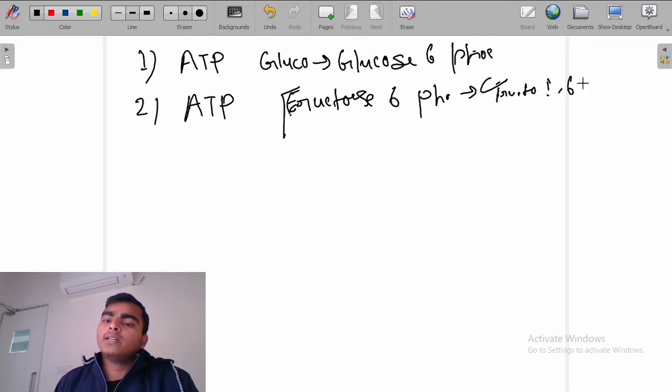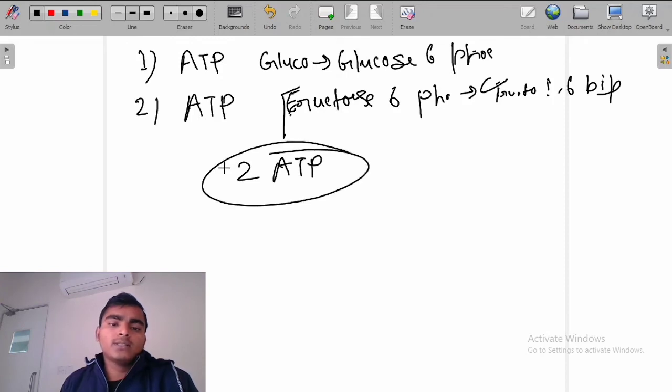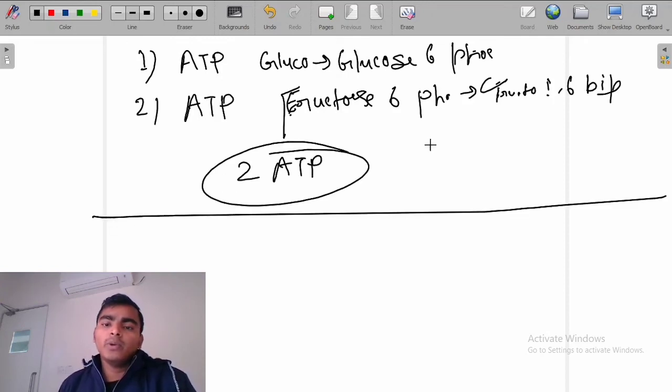Here we utilize the second ATP molecule. Now you can see that we are investing a total of how many ATPs? 2 ATP molecules we are going to invest in glycolysis. This is the complete investment in one glucose molecule.